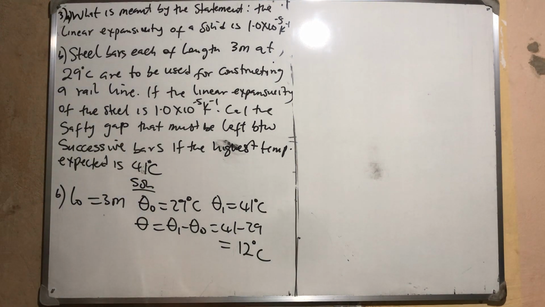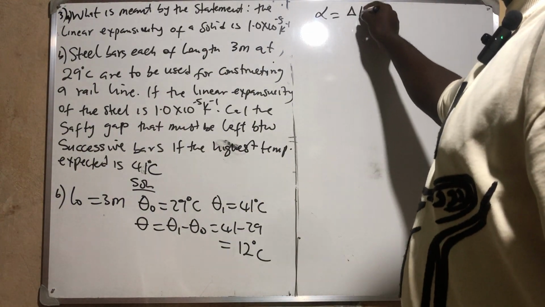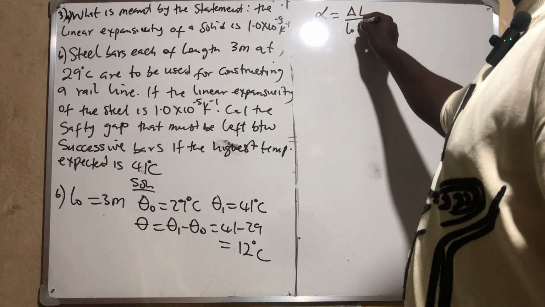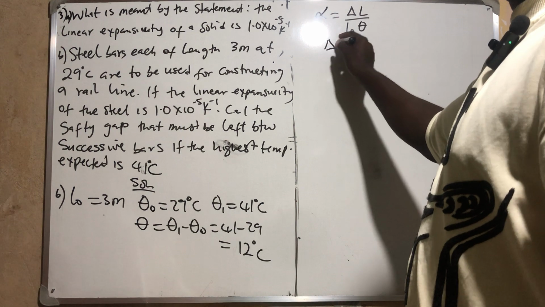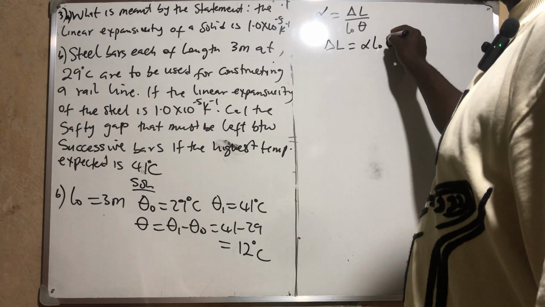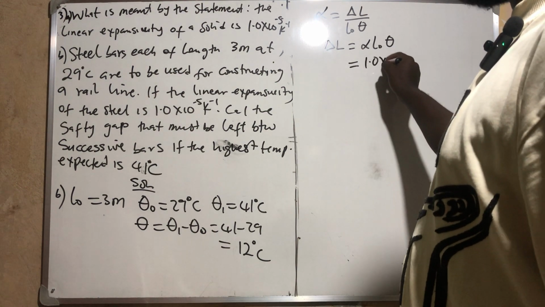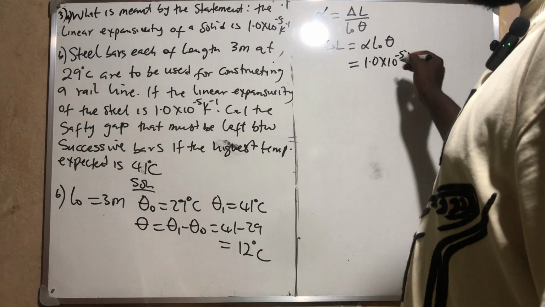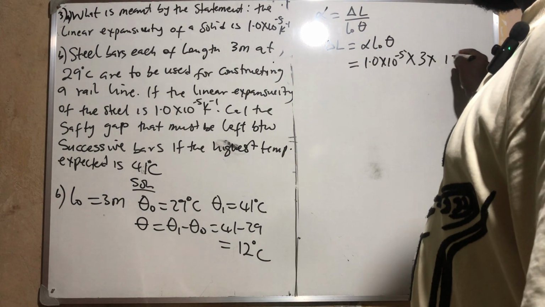I now know that my linear expansivity is change in length over original length times change in temperature, theta. I'm looking for the change in length, so my change in length will be alpha L0 theta. My alpha, the linear expansivity, is 1.0 times 10 raised power minus 5, times my original length 3, times my rise in temperature 12.